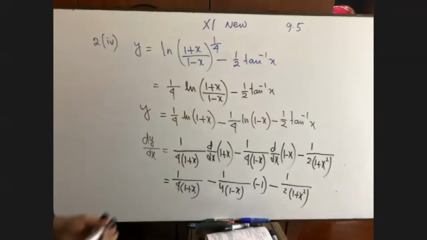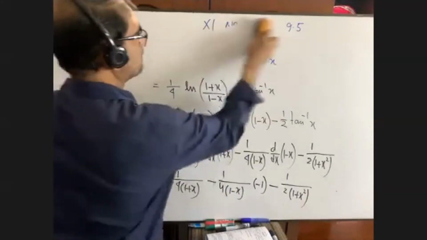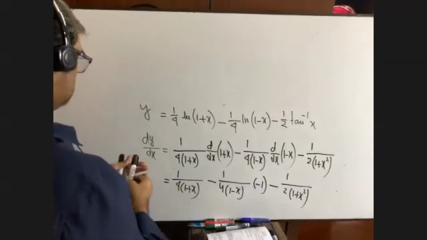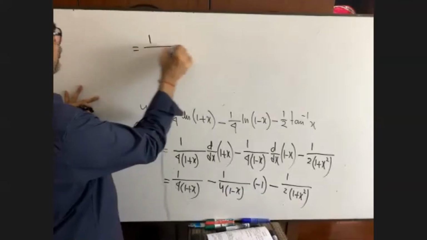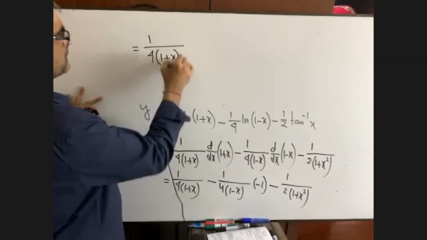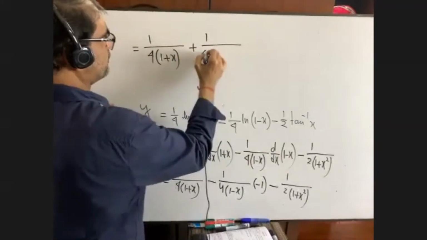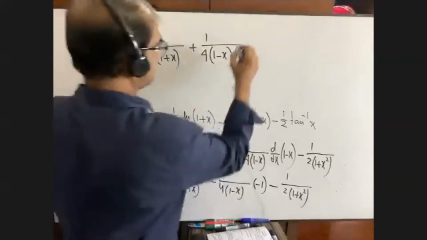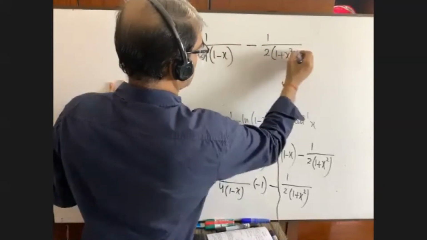Can you see the board? Yes, sir. It is very easy and simple calculation. We can write here 1 by 4 times 1 over 1 plus x, minus minus plus 1 by 4 times 1 over 1 minus x, and minus 1 by 2 into 1 plus x square.